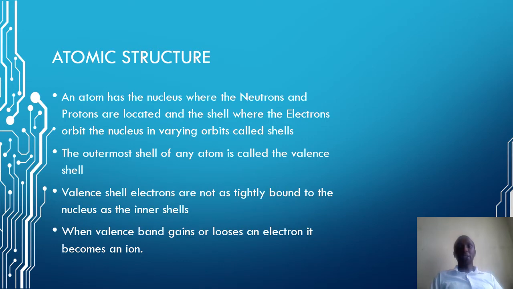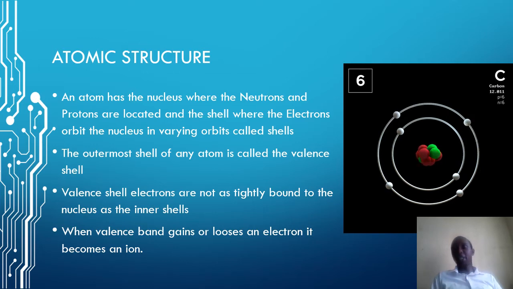So this shell, or this band, allows electrons to jump over them, depending on the size of the forbidden gap, to be in the conduction band, and by so doing, it's able to allow electricity to flow.